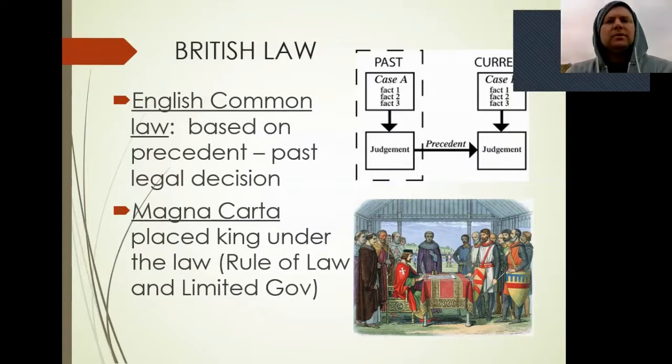All right, so now we start getting into British law, which very much influences our American system of law.